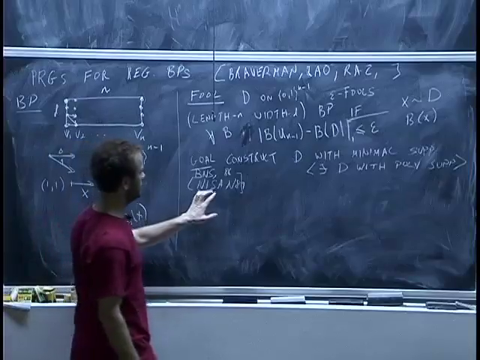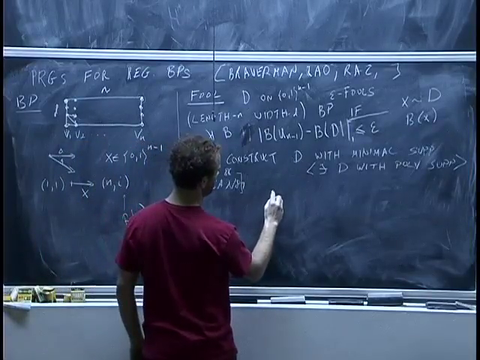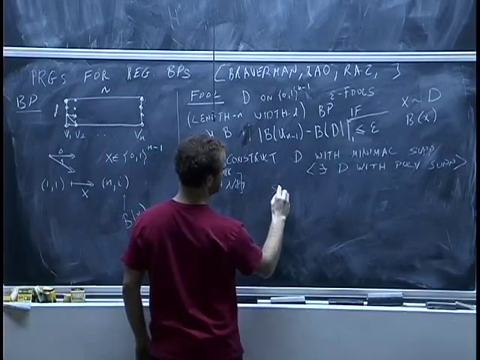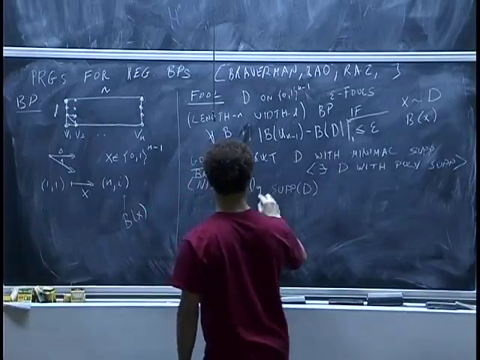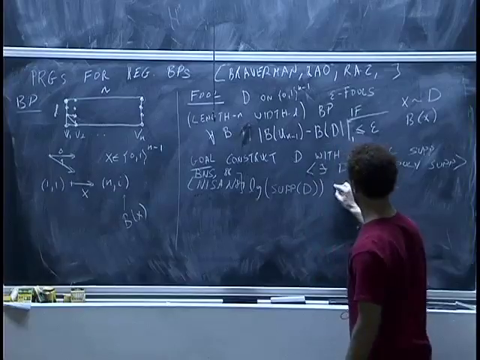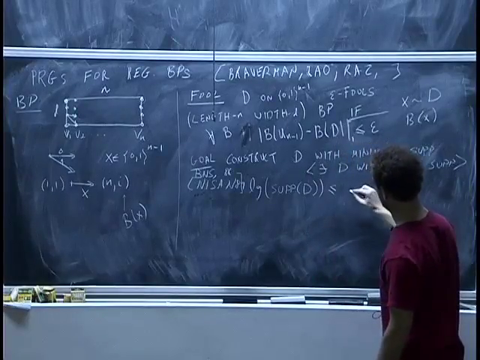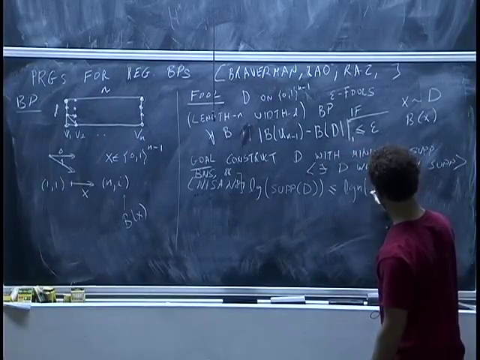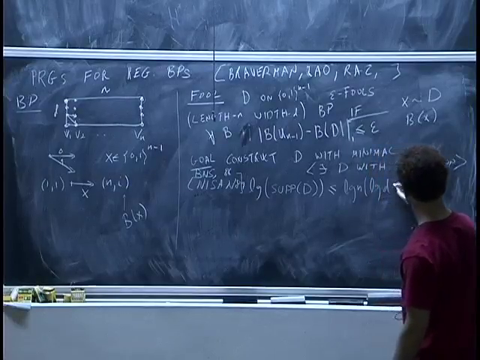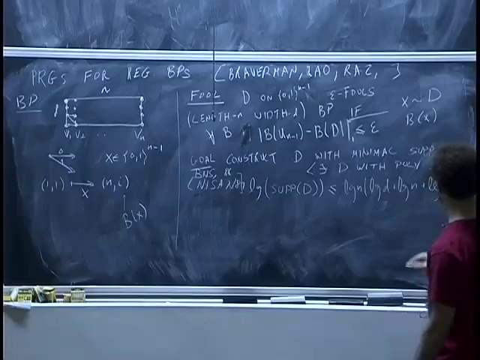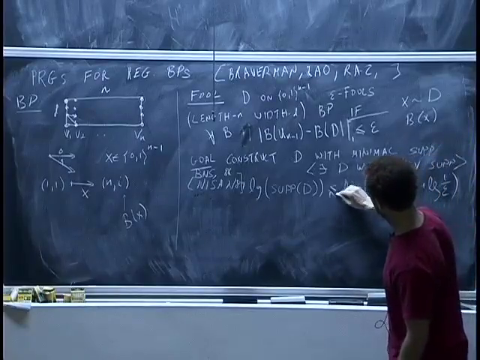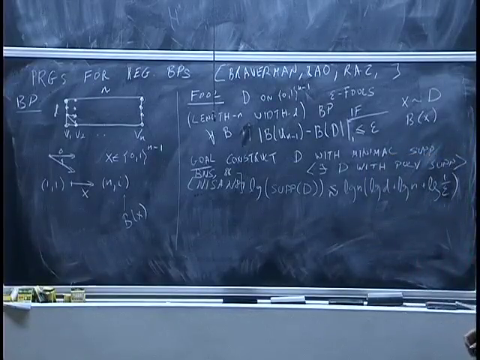So what did Noam prove? He constructed D. The log of the support of D is something like log n, log d, plus log n, plus log 1 over epsilon. Let's put everything up to constants.